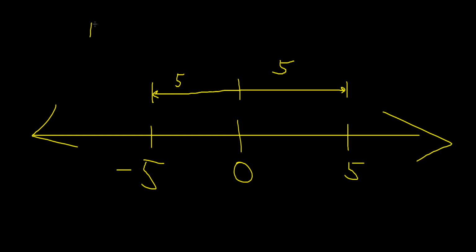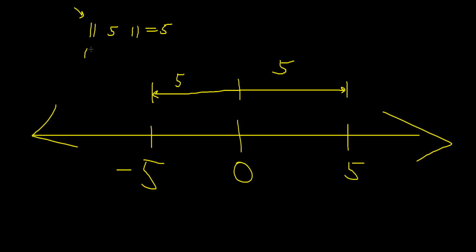So the absolute value sign, which looks like this, by the way, the absolute value of 5 is 5 because I have to move 5 units away from 0 in order to get to 5.